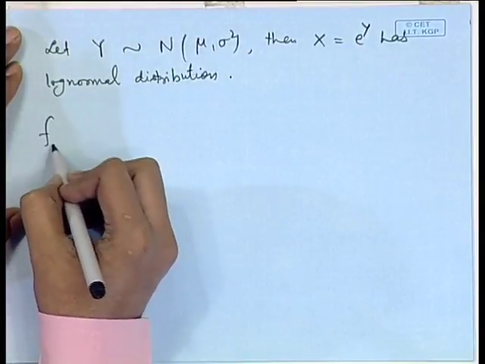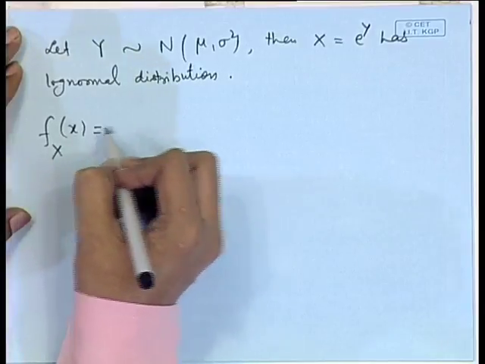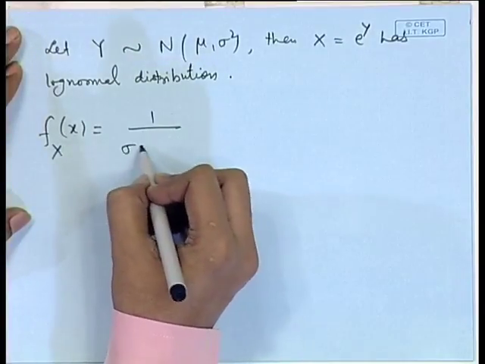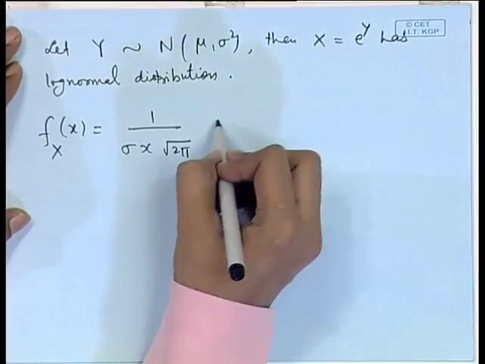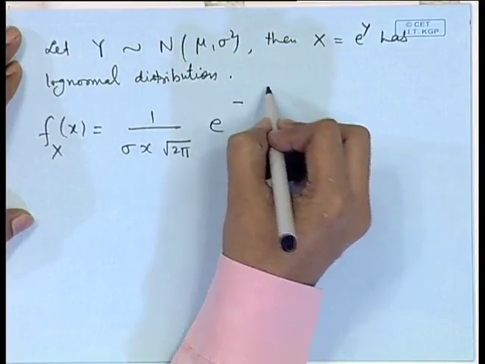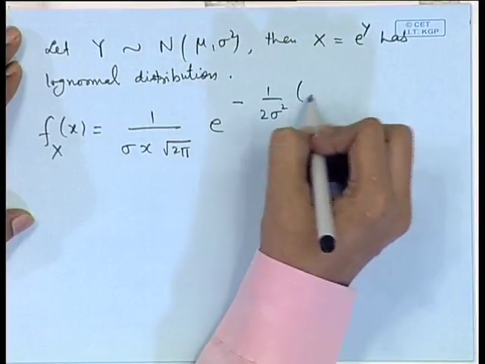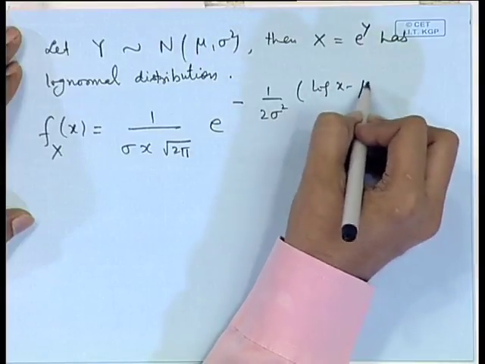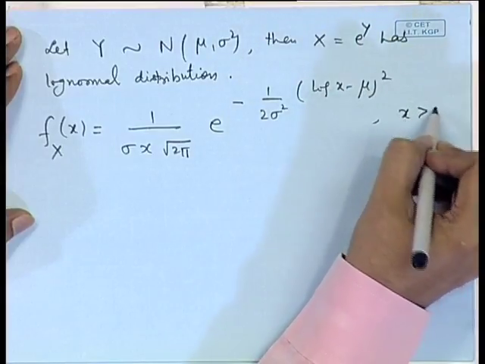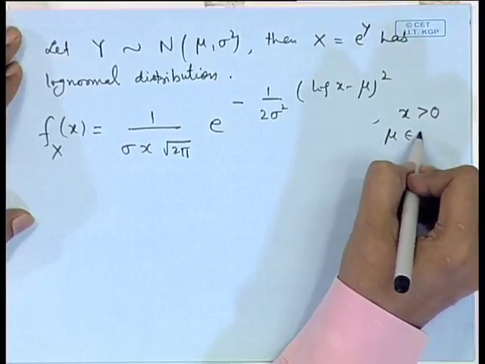The density function of the log normal distribution is given by 1 by sigma x root 2 pi e to the power minus 1 by 2 sigma square (log x minus mu) square. Here x is positive and mu and sigma are as usual.